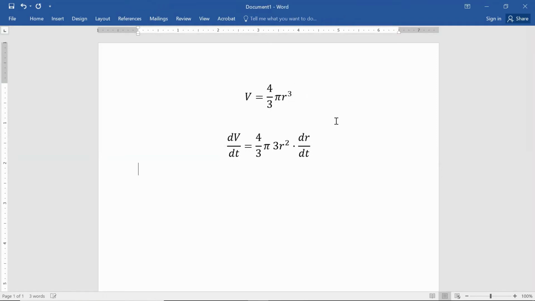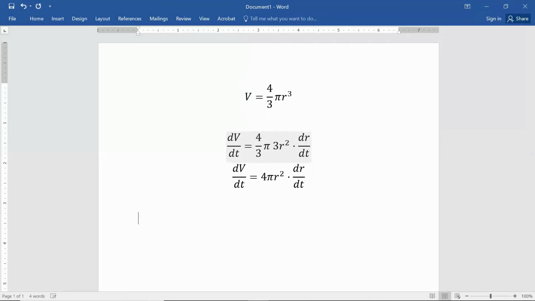I can clean this up just a little bit. 4/3 times 3 is 4. So it is 4 pi r squared multiplied times the derivative of r with respect to t.